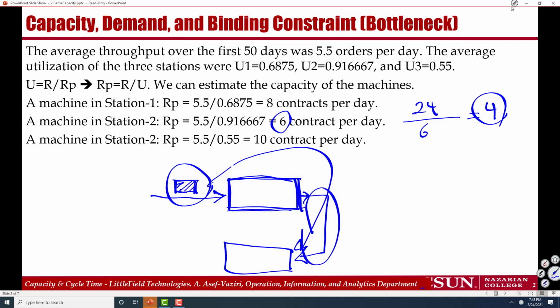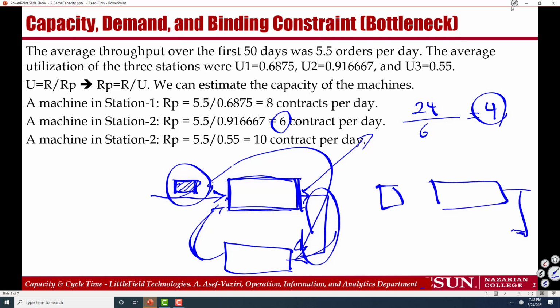Each contract stays in station 2 for 4 hours, but it will go to station 2 twice. First from station 2 to station 3, and then back to station 2, and then go out. We have not said that the timing is different in these two arrivals. Each contract passes machine 2 two times: one when it goes to station 3, and one when it has come back and then goes out.